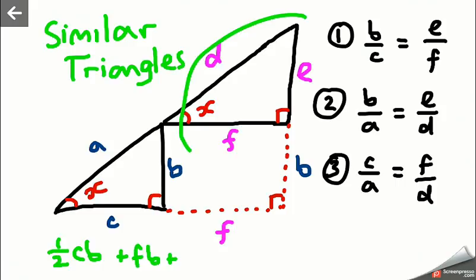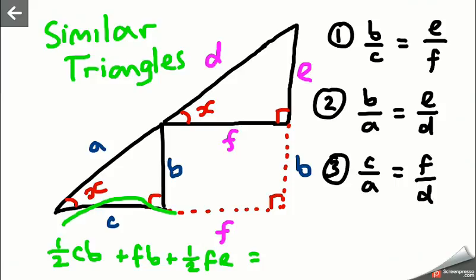Plus the area of the other right angle triangle, well, that's just going to be half times base times height again, so half times F times E. And that is going to be equal to the area of the huge right angle triangle, and the area of the huge right angle triangle can be calculated by taking half times the base times the height.